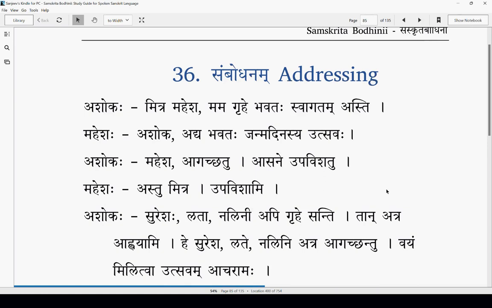Yeah, no, I meant in this case also whether. Yeah, here it is coming in the Subhashitam. Poetic, right?